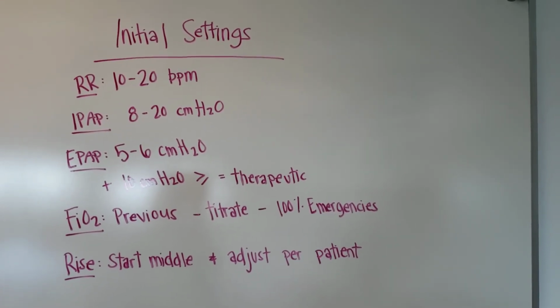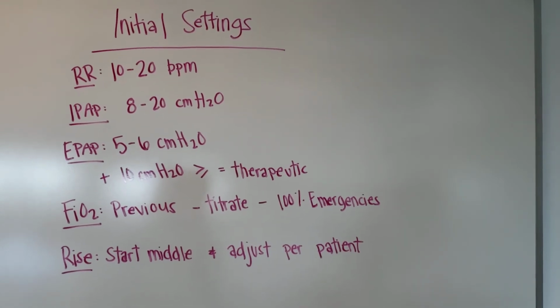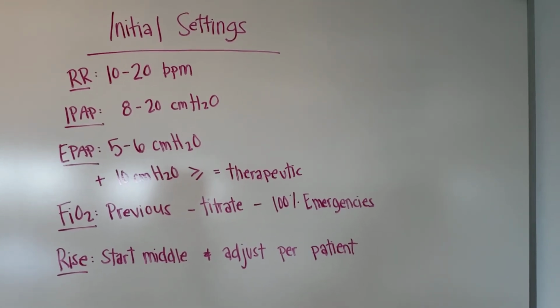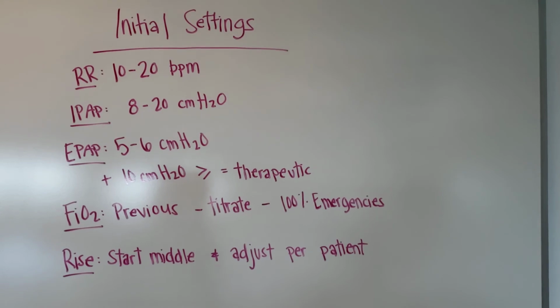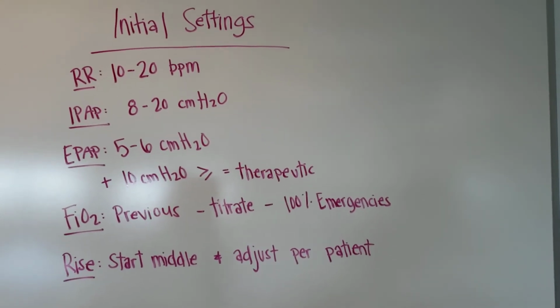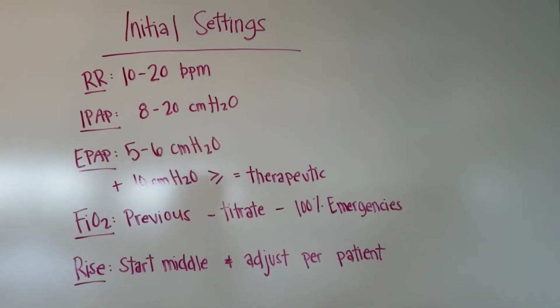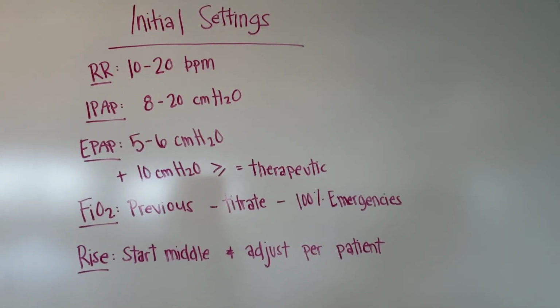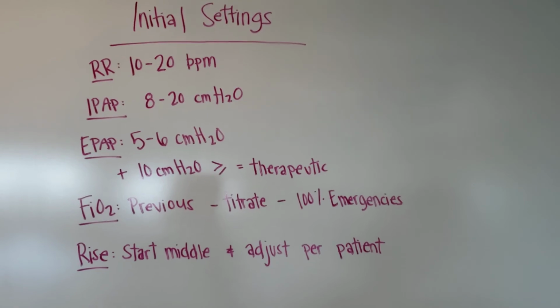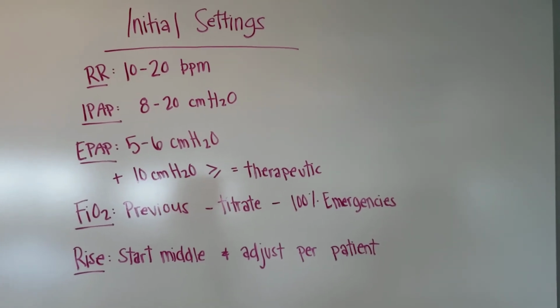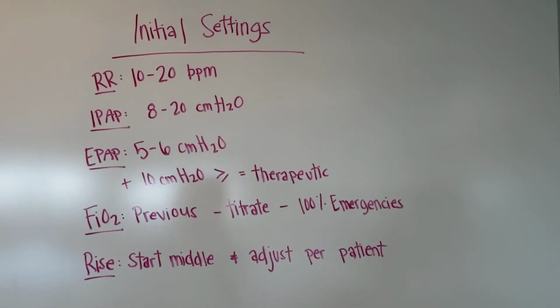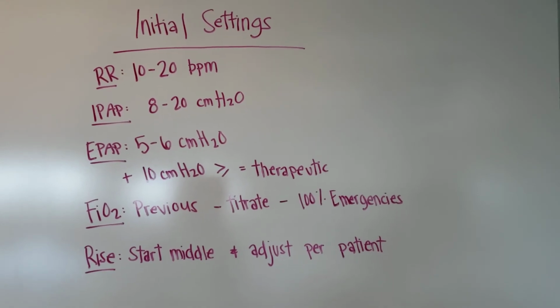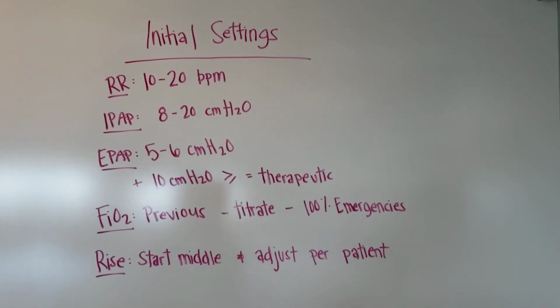A pressure of 10 centimeters of water pressure or greater is considered therapeutic, which is to aid in alveolar recruitment. FiO2, you can either put it on what the patient was previously on, titrate to support SpO2 and PaO2, or 100% for emergencies. Rise, I typically will set it to the middle and then adjust per my patient's comfort and needs.